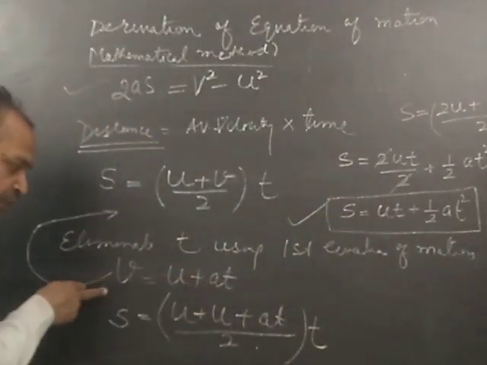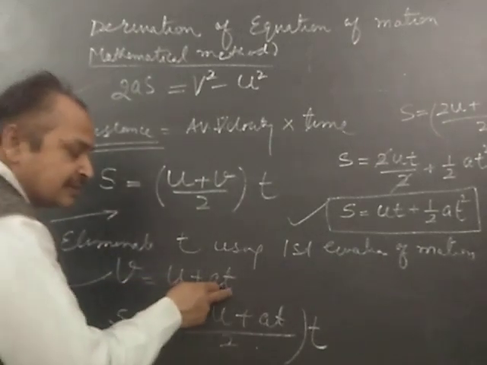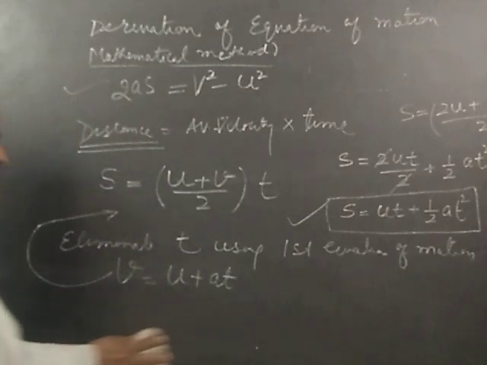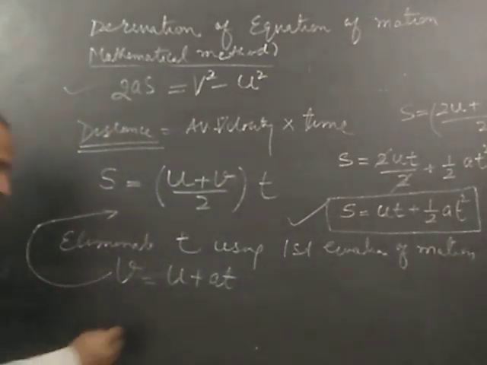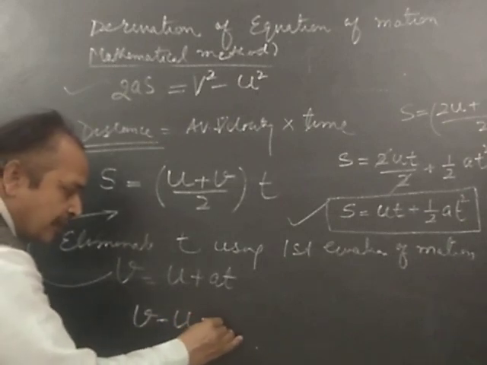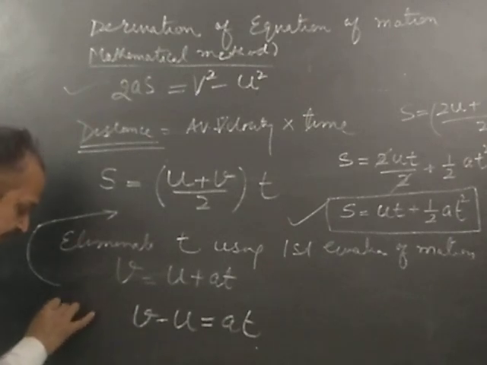From the first equation of motion, what is here? V is equal to u plus at. So from here, if you want to find out the value of t, what you will get? V minus u is equal to at. And what will be t is equal to?